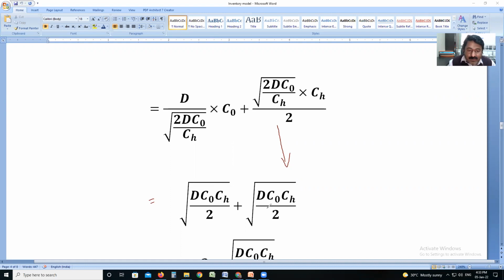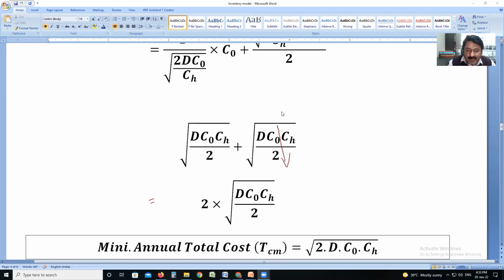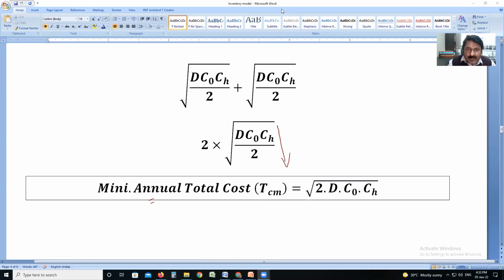So you can see here that both values are the same. It is nothing but 2 times DCO into CH by 2.